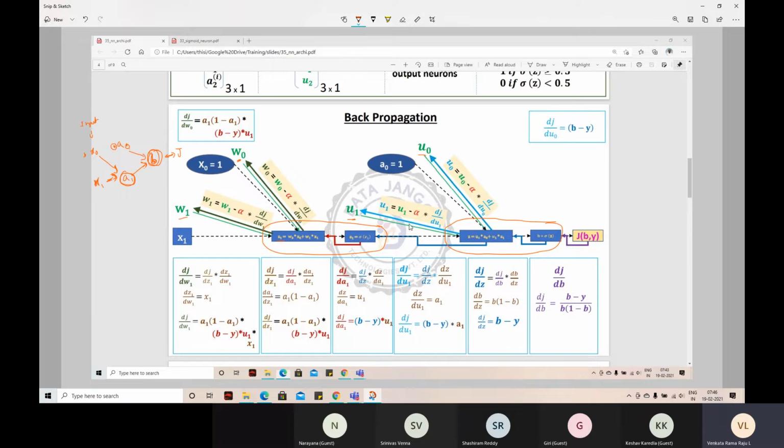Random numbers I'll choose, and I'll calculate B and calculate the cost.